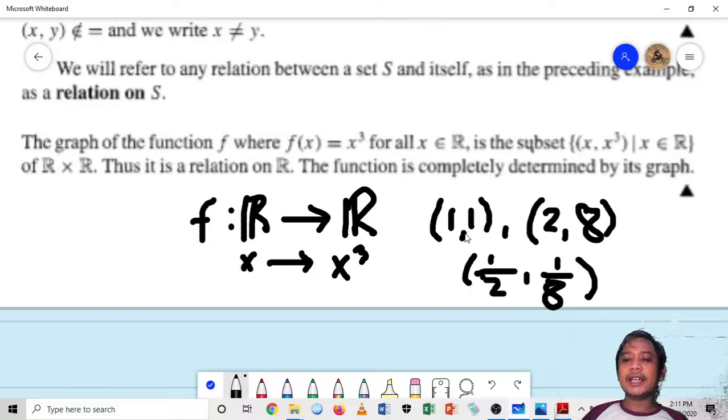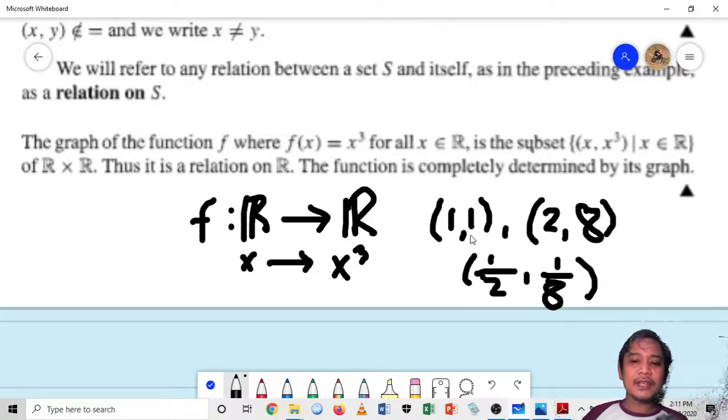Notice that all first components are elements in R, or they are all real numbers, and the second components 1, 8, and 1/8 are also in R, only that they are the cube of the first component.